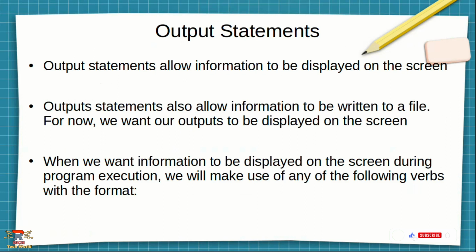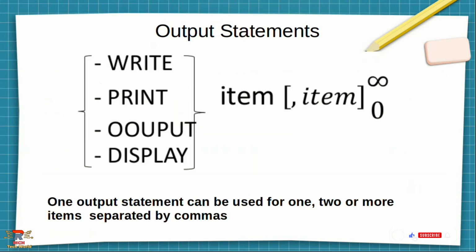When we want information to be displayed on the screen during program execution, we will make use of any of the following verbs with the format: write, print, output, or display.